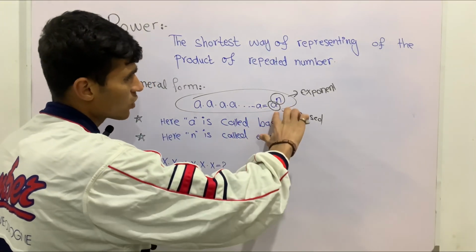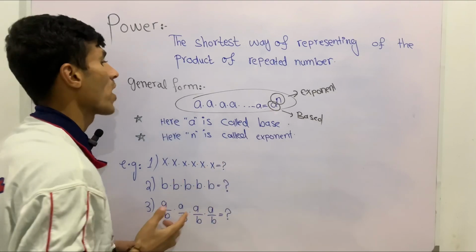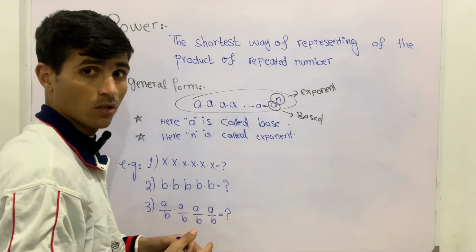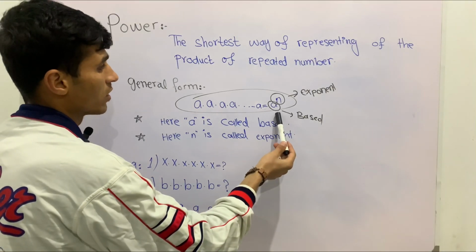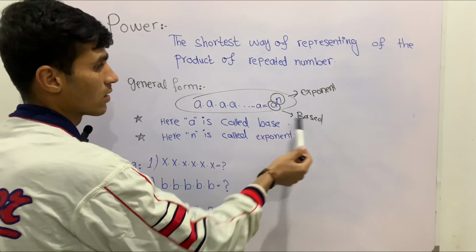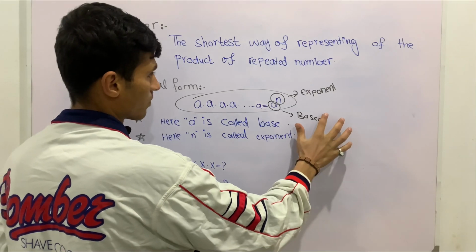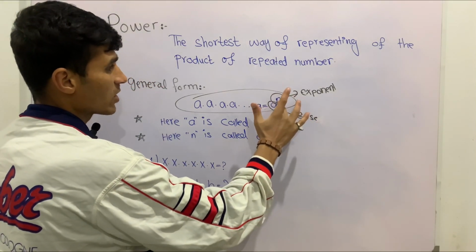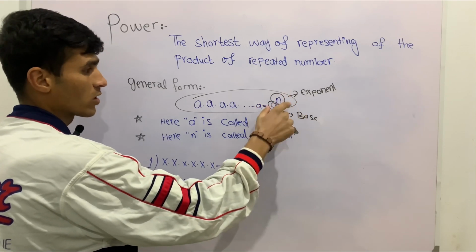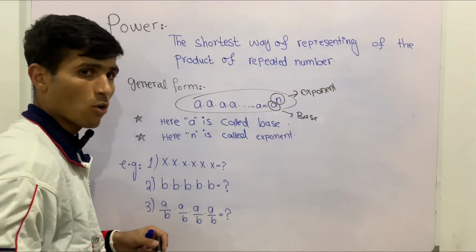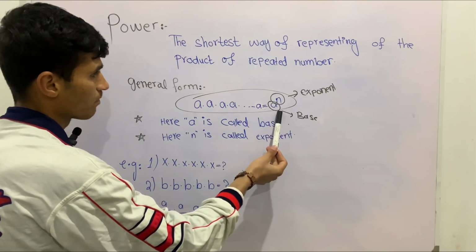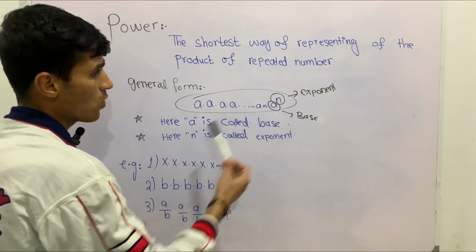Instead of a, we could write 2, 3, 4, any number you want. Whatever you put here is the base. Whatever comes in the place of n is the exponent.